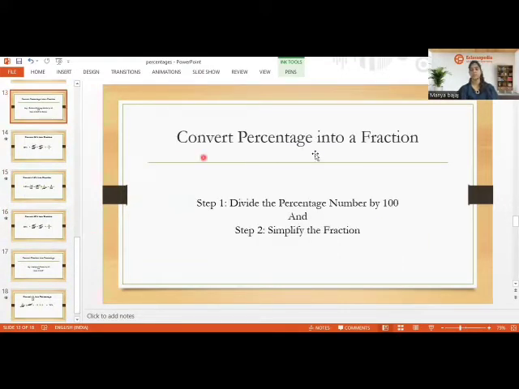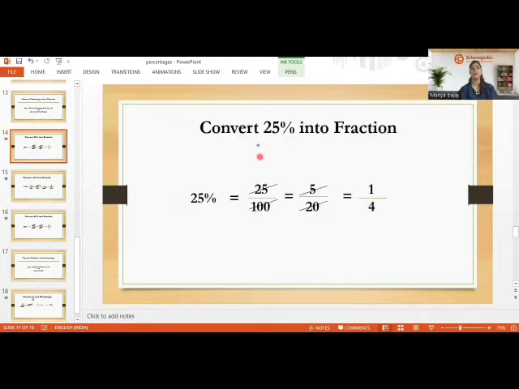Convert percentage into a fraction. Next topic. Step 1: divide the percentage number by 100. Step 2: simplify the fraction. For example, to convert 25 percent into a fraction, we write 25 upon 100.